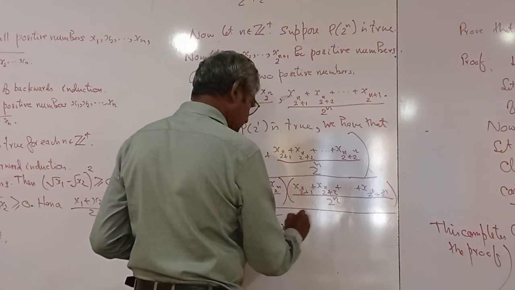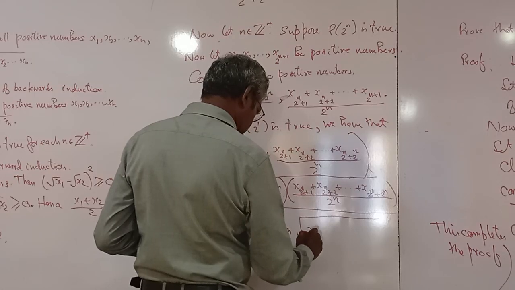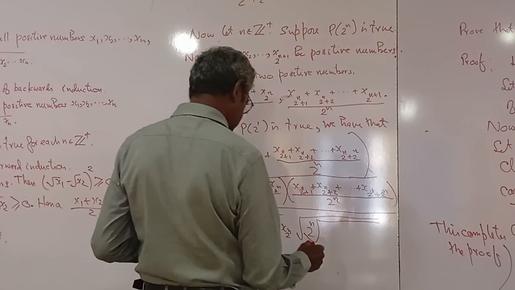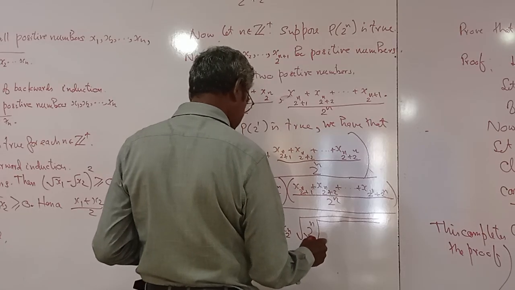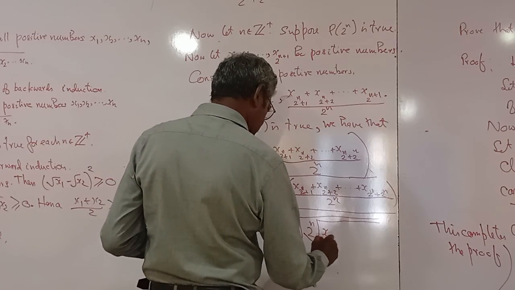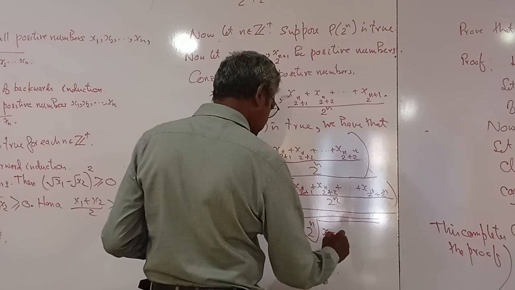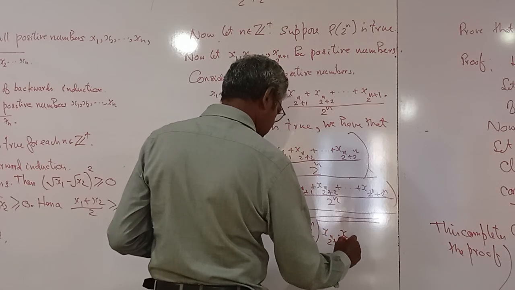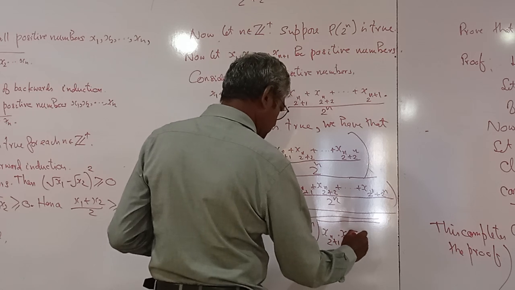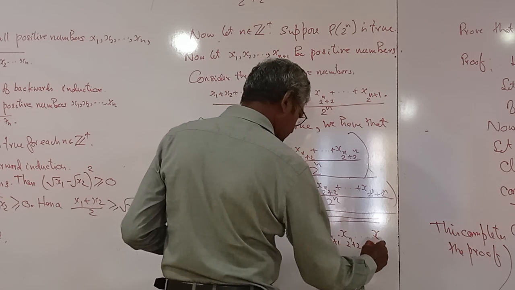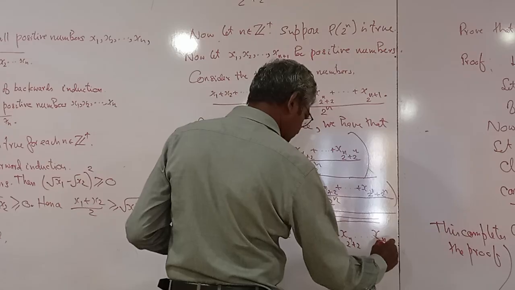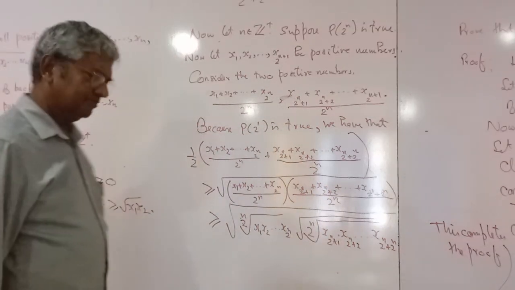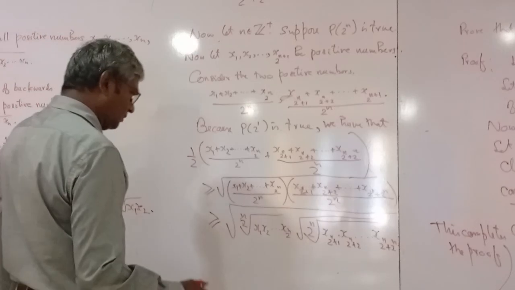Here also you get the 2 to the n-th root of x of 2 to the n plus 1, x of 2 to the n plus 2, and so on up to x of 2 to the n plus 2 to the n. Right? Because both of them are 2 to the n-th roots.